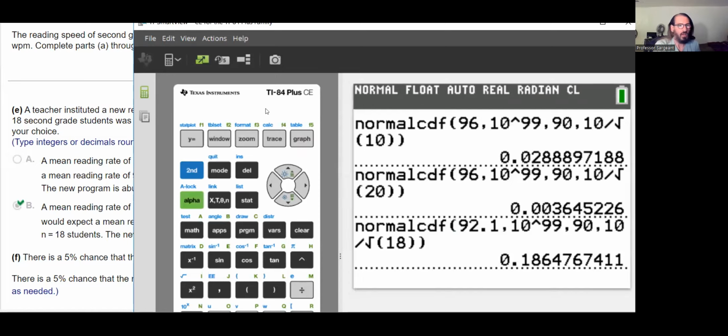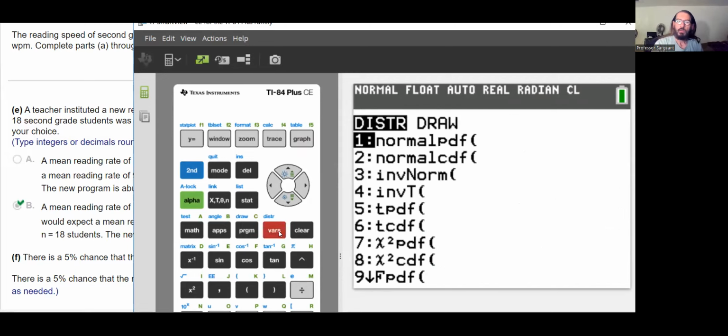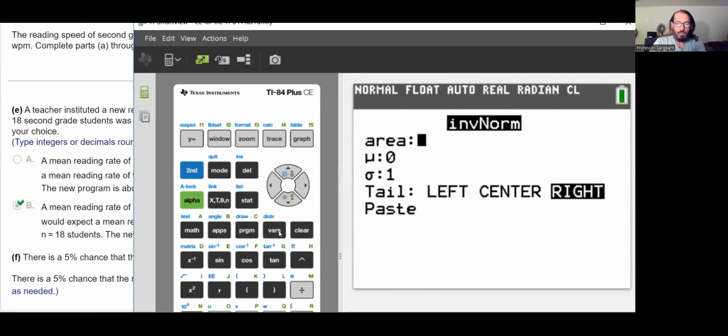In the classical approach, you would have to find 0.05, i.e. 0.0500, or the closest thing to that within the table. Read backwards to find a z-score, and then do some algebra to find out the x bar. But since this is a technology question, we need to use the opposite approach, the inverse norm, and we would use 0.05 for the area.